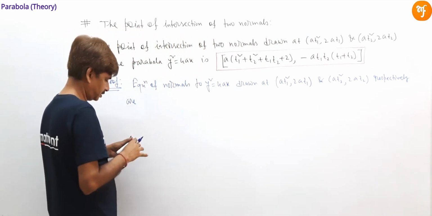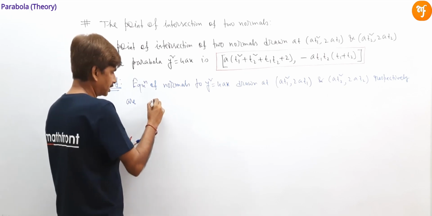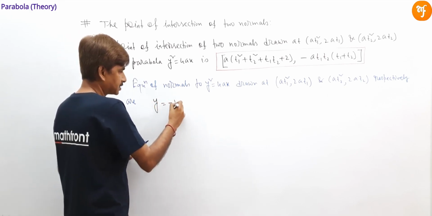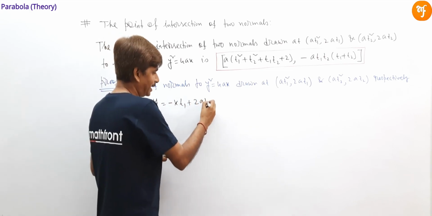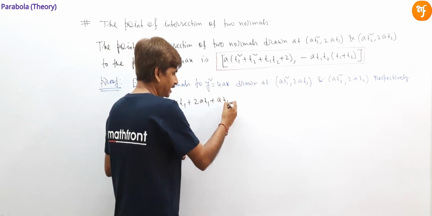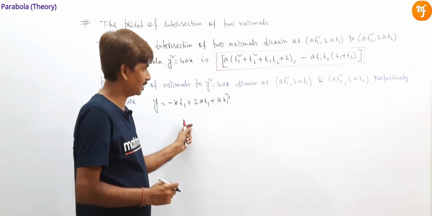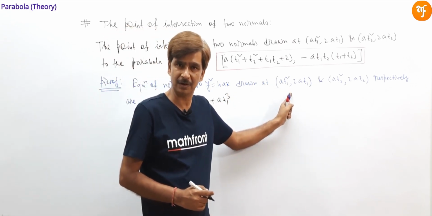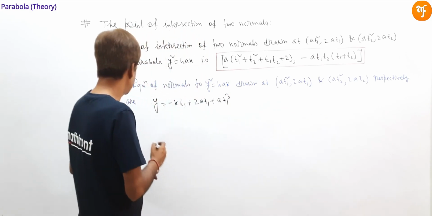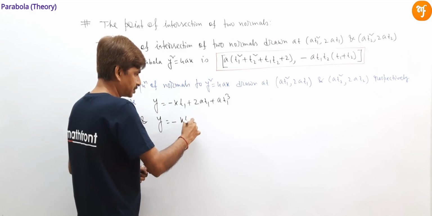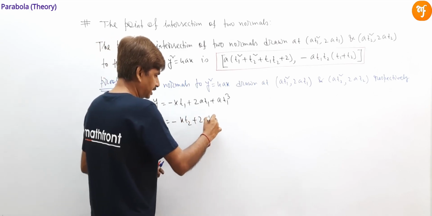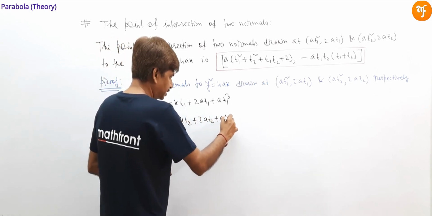First one is y = -xt1 + 2at1 + at1³. This is the normal drawn at the point (at1², 2at1), and y = -xt2 + 2at2 + at2³.